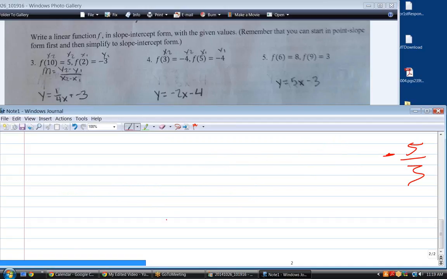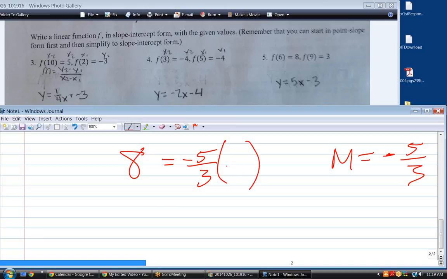And then we could substitute a y value, so we could substitute 6. I mean 8, my bad. So 8 is equal to negative 5 over 3 plus b. You got to substitute for x also.